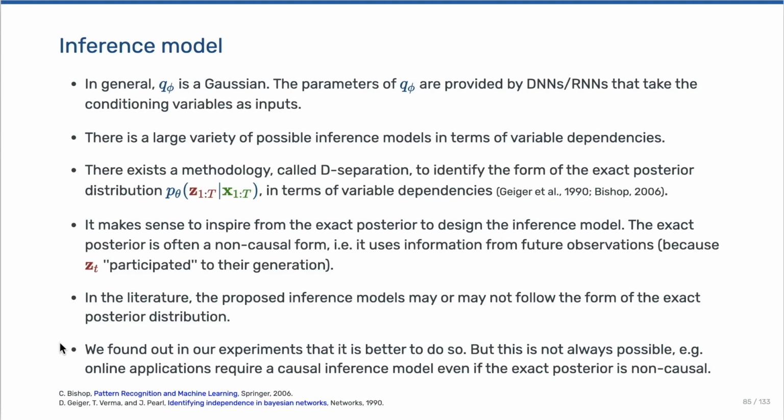In general, in the earlier DVAE papers, the authors did not care about this point, and in more recent papers, they did. So we can imagine that along the way, DVAE practitioners have tended to realize that this was an important point. And indeed, in our experiments, we found that it is better to do so. We will present some experimental results in part 4. But this is not always possible. For example, if one has to use a causal inference model for online applications, whereas the exact posterior is non-causal.